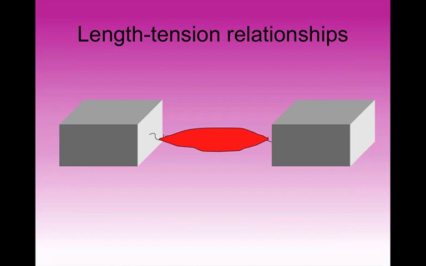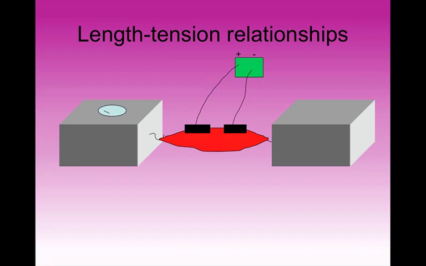Between those two hooks, we'll stretch a muscle. We'll add a strain gauge on one of those blocks with a little dial that tells us how much tension is produced in that muscle. And then finally, we'll stick a stimulator on the muscle.